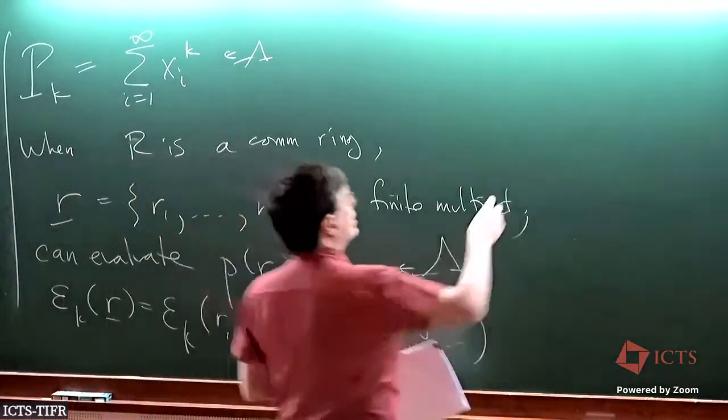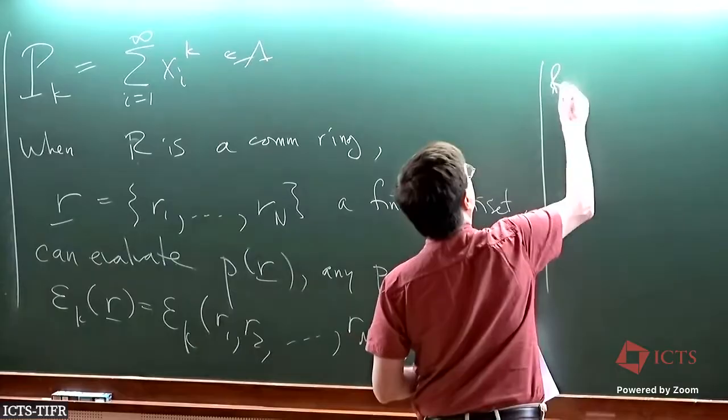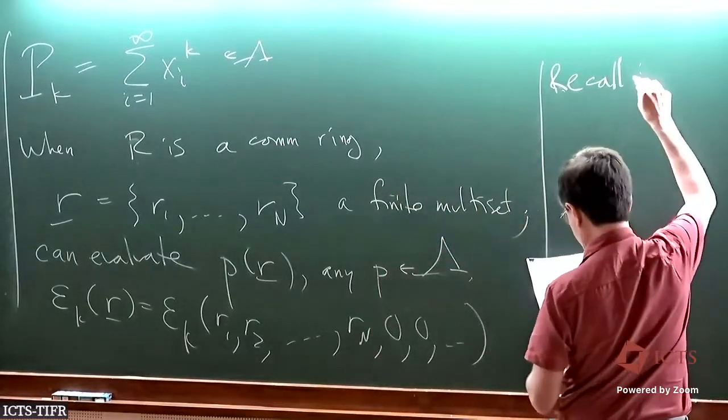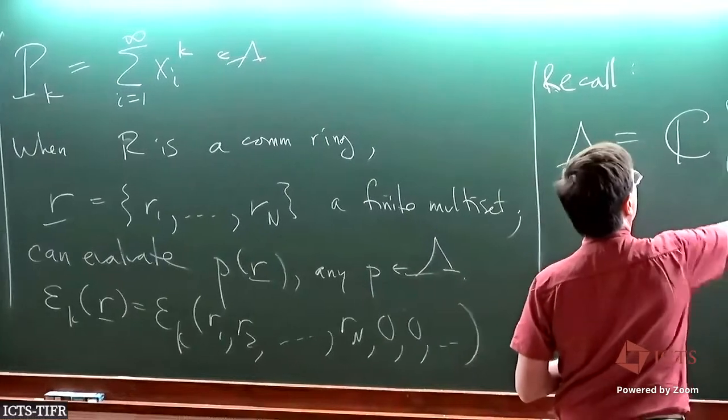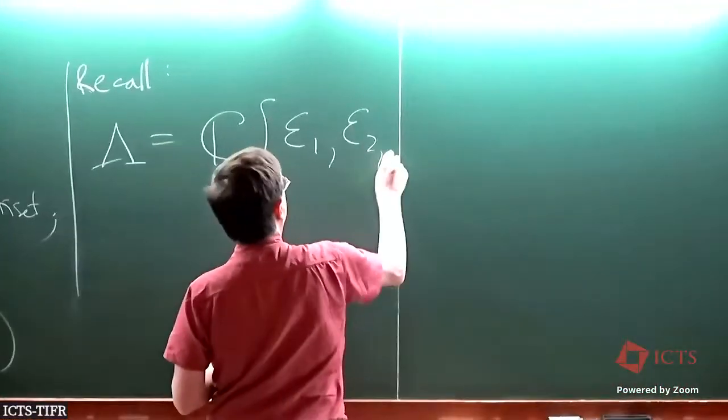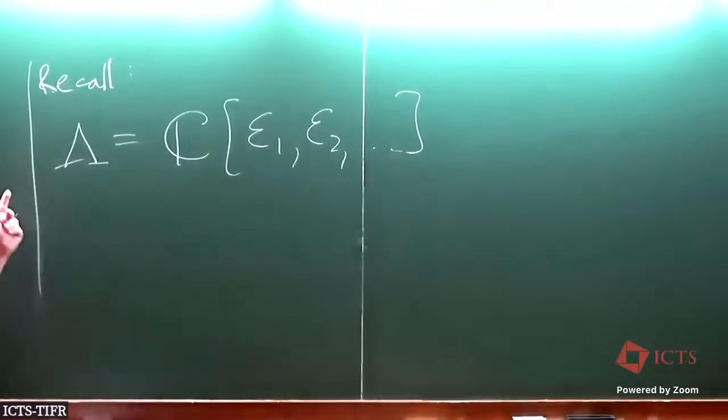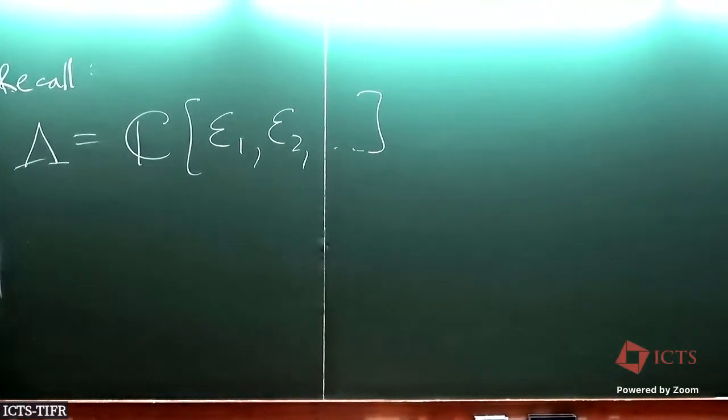Okay, so we can recall that, of course, it's classically known that lambda is generated by these ei's. This is a polynomial ring in the e's.